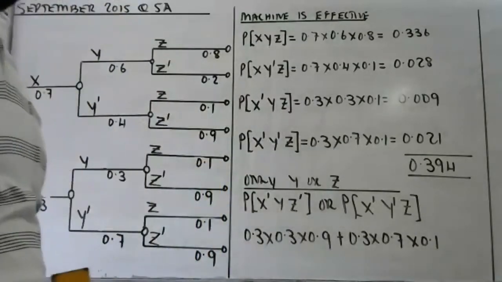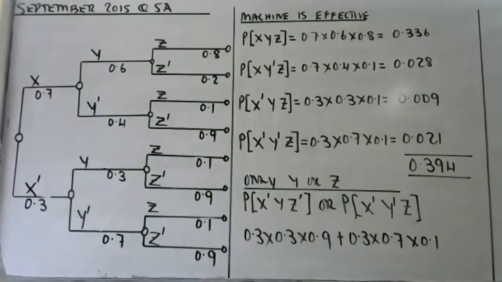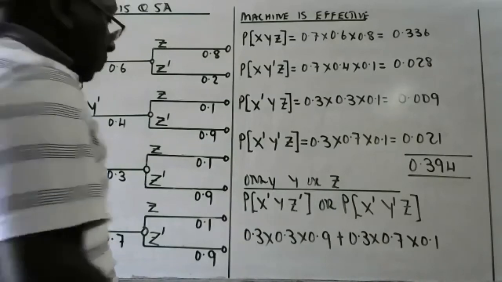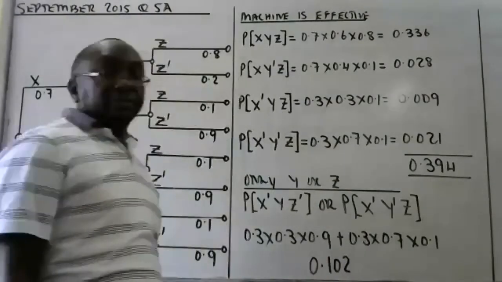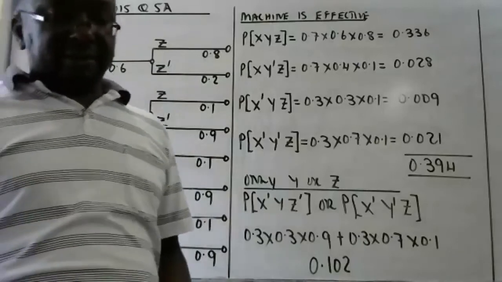So if you work that out, you get 0.3 times 0.3 times 0.9 plus 0.3 times 0.7 times 0.1, 0.102. That is the answer.